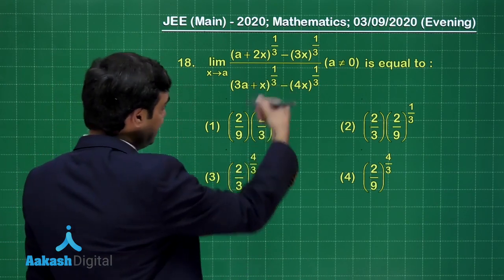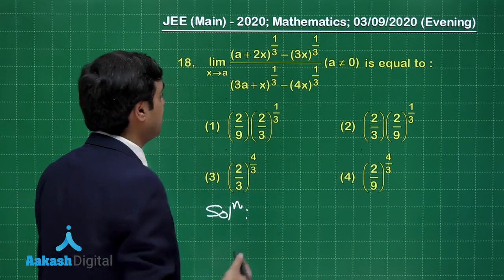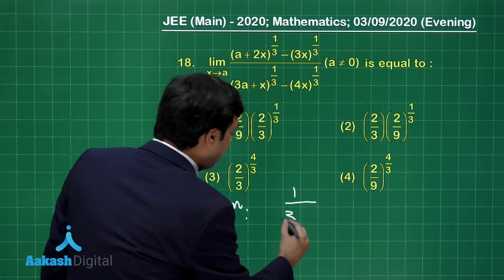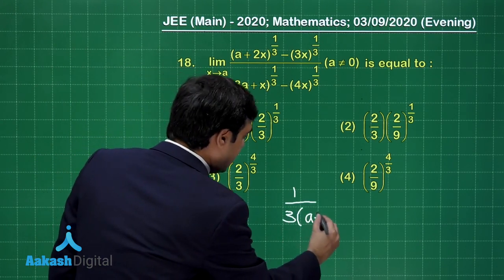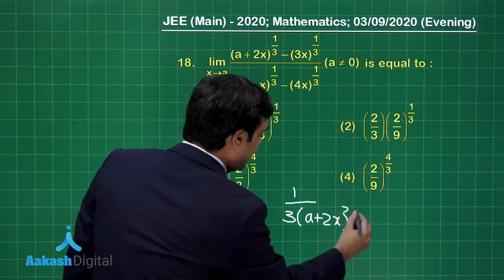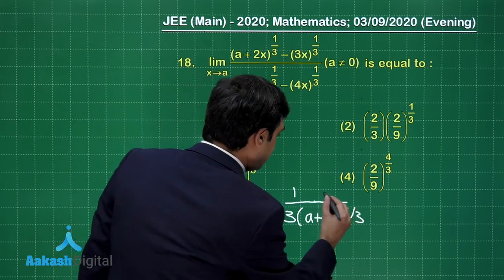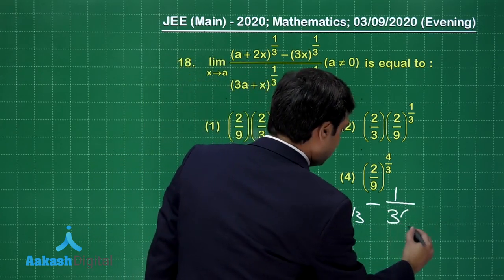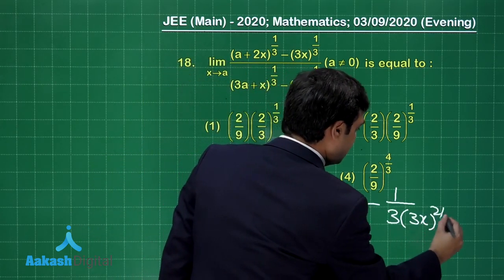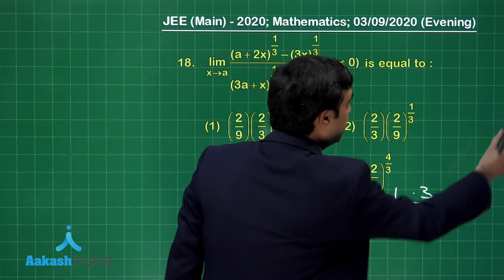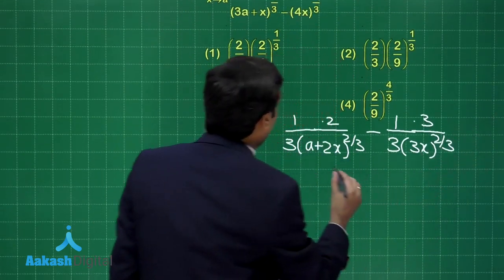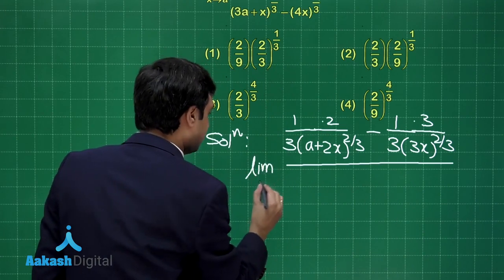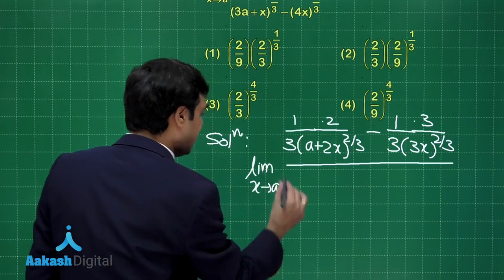When you say this is 0 by 0 on applying limit x approaching to a, you can apply L'Hopital which says 1 by 3 (a plus 2x) raised to the power 2 by 3 into 2 minus 1 by 3 (3x) raised to the power 2 by 3 into 3, divided by, this is the entire thing under the limit x approaching to a, right?